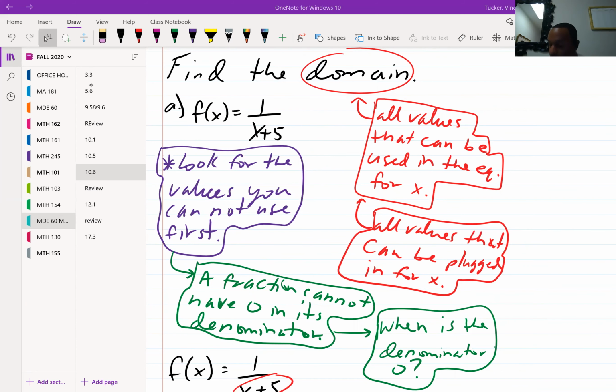All right. So I want to know when my denominator is equal to 0.